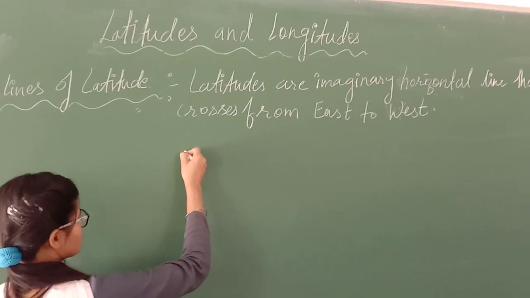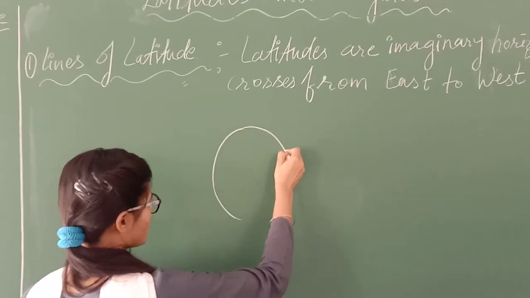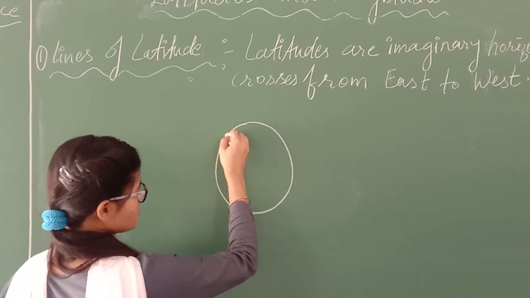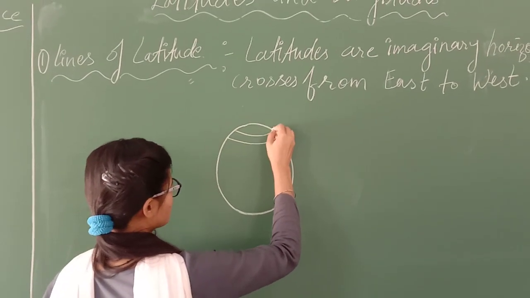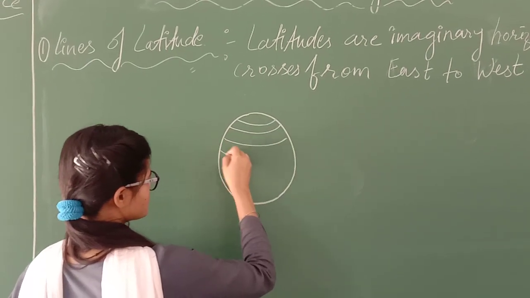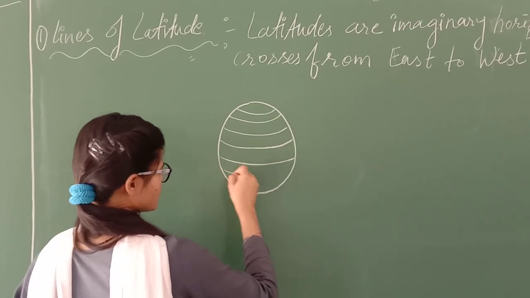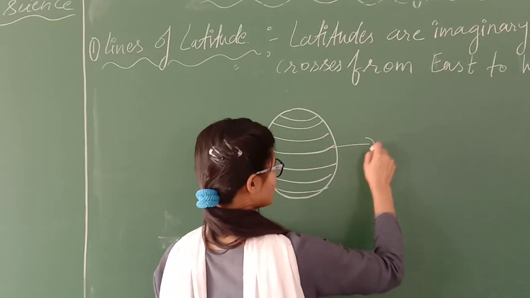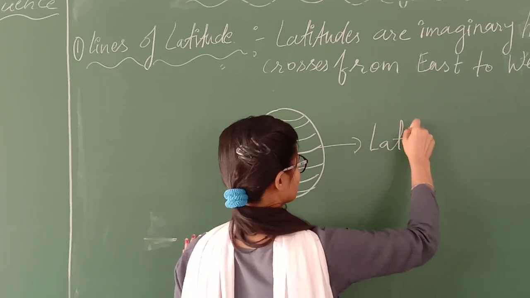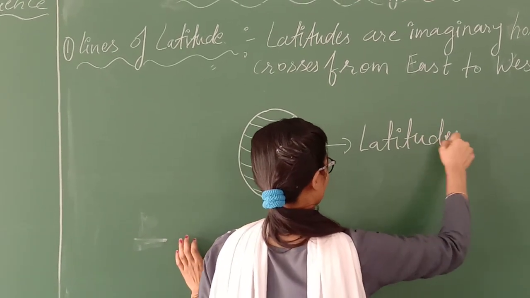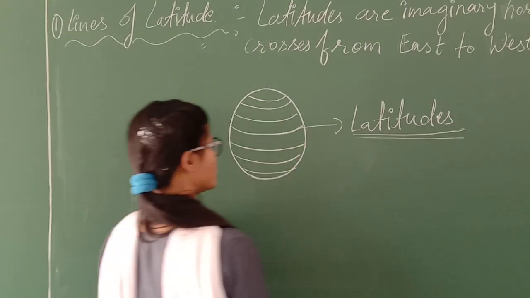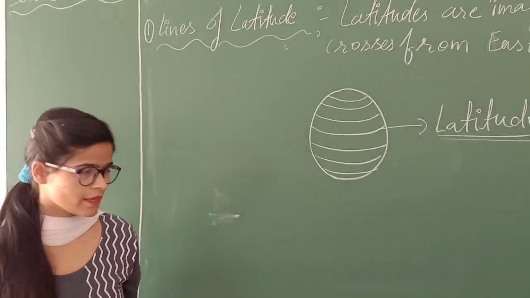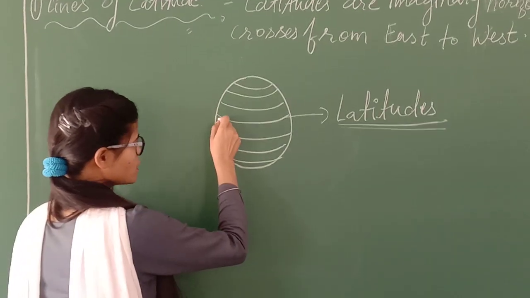Suppose this is our earth. East to west means from the east towards the west, like this. So these are latitudes. Now, in these latitudes, we have one very important line, and we call it the equator.